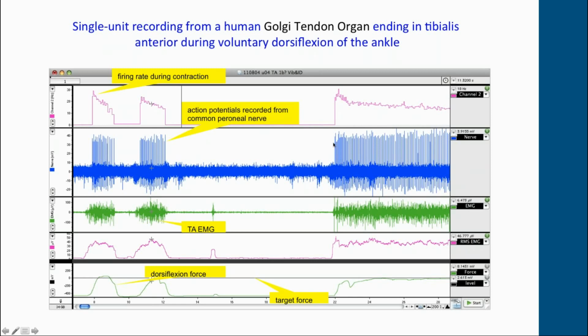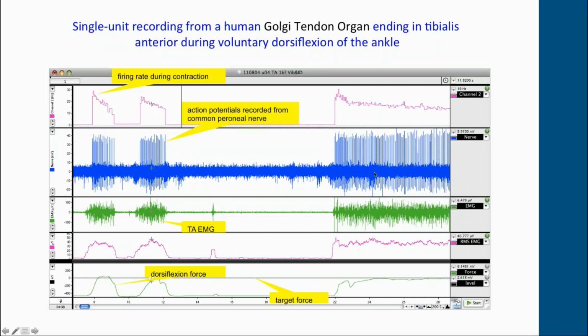Now we can use the window discriminator software in Spike Histogram, which is software that one can apply to the LabChart recorder data to extract the firing of this single unit. I'll come back to this. I'll demonstrate this later.